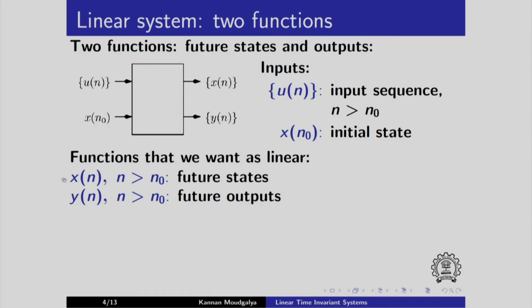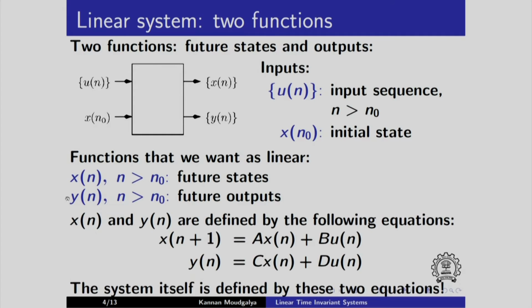So x is future state and y is future output, and x and y are defined by the standard equations. We derived them in the previous lectures. So we say that this system itself is defined by these two equations, namely state equation and the output equation.